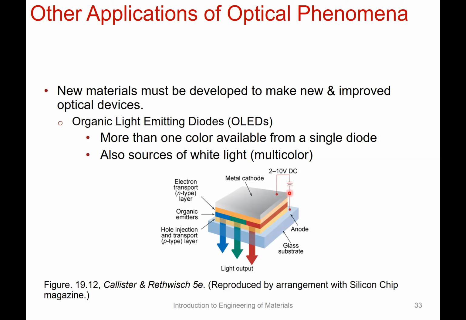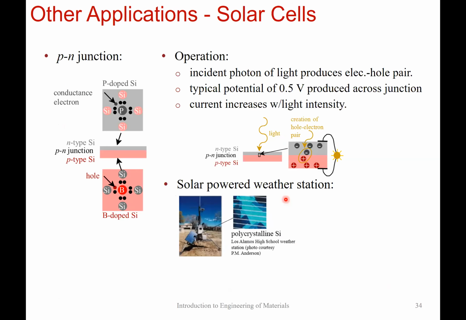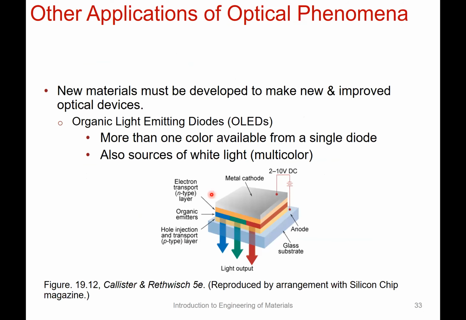And when you apply some voltage, you can drive the electrons from one side to another. And when you have a PN junction, with the combination of the electron hole pair, you can actually have some light that's emitted, hence light emitting diode, right?